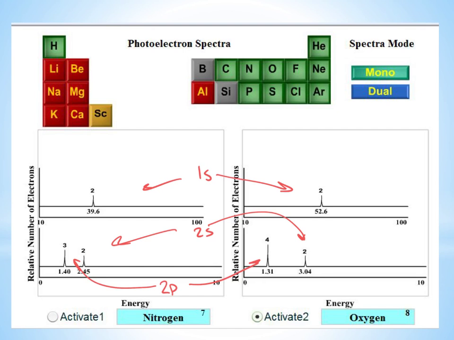But what I do want to point out is that the 4 electrons in oxygen's 2p are slightly less energy, 0.09 kilojoules less than the 3 electrons of nitrogen's 2p. And remember, a half-filled orbital is in fact more stable than an over half-filled orbital. If you think about the electron boxes of nitrogen, there is 1 electron in each of the 2p boxes. So for nitrogen, in this case, it has a nice even fill of the 2p orbital, which is located by this peak right here.